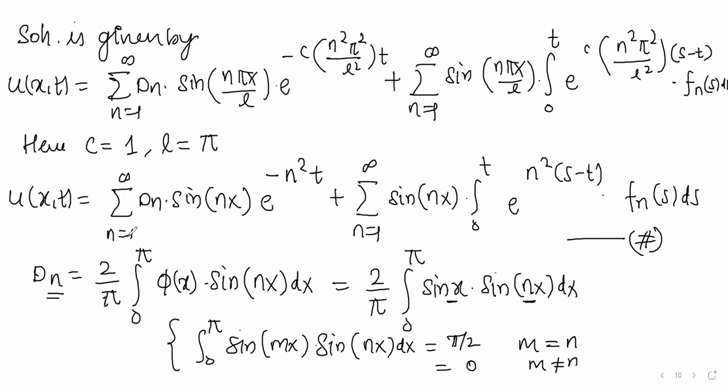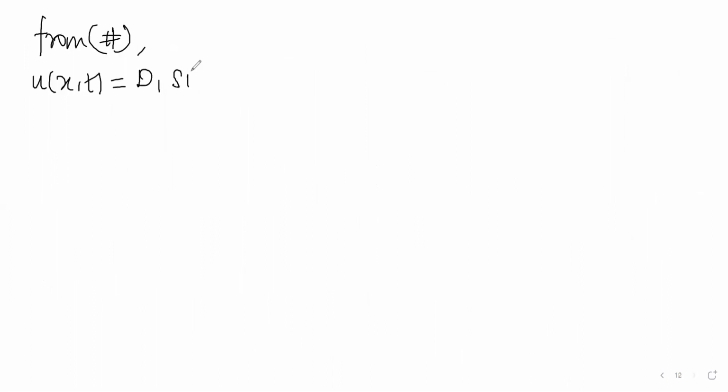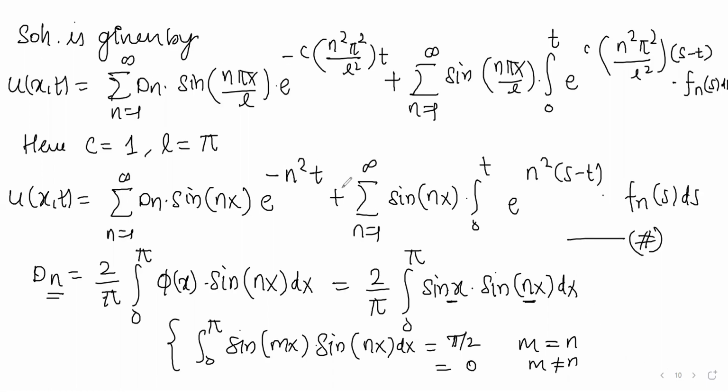So basically this term, if I open, I'll get d1 sine 1x e power minus 1 square t, d2, and since I know that d2, d3, d4, all of them are 0, I'll just write down only one term, d1. So it will be d1 sine x e power minus t, and rest of them will be 0, so I'm not writing.